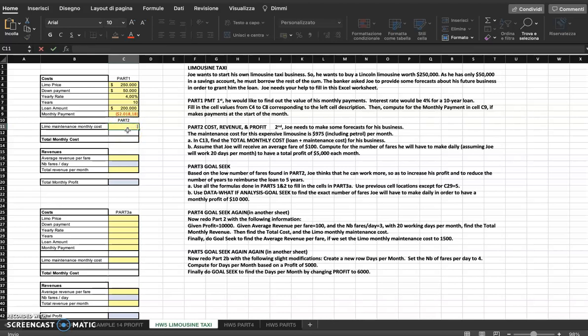We have to put it in negative, because we have to subtract the cost of the maintenance in order to calculate the total monthly cost. So we put this. Okay, again it's in brackets because it's negative.